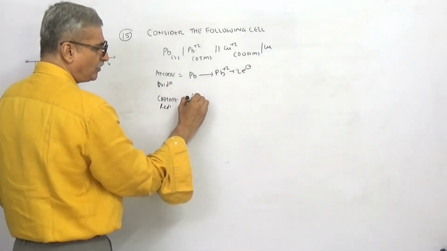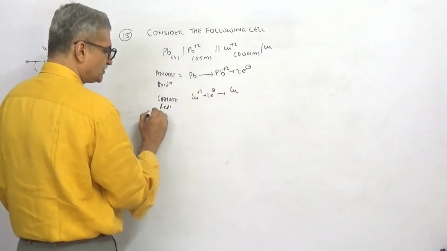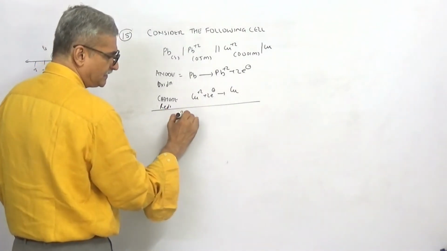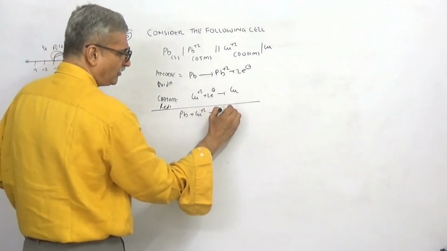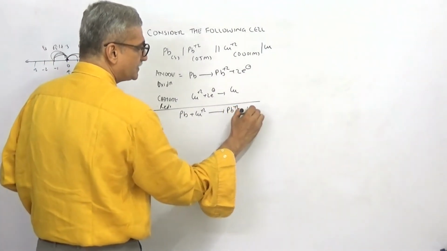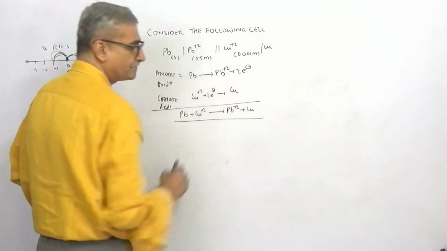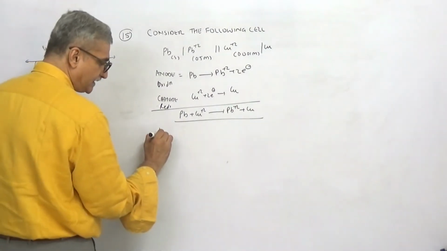So here we'll have copper plus 2 plus 2 electrons forms copper. So net cell reaction is Pb plus Cu plus 2 forms Pb plus 2 plus Cu. Okay. Now we'll find the E0 of the cell first.